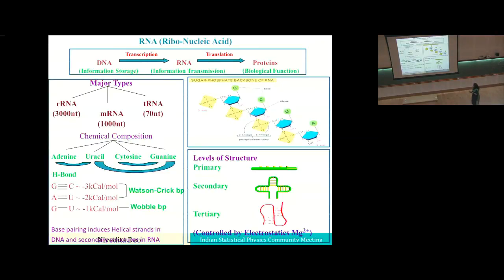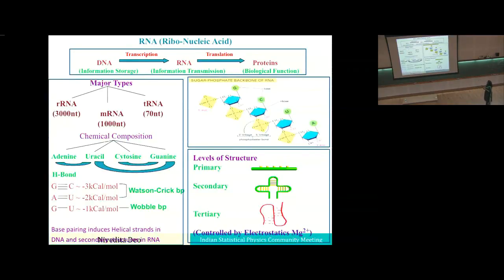So the hydrogen bonding is responsible for secondary structures in the RNA, and in the DNA, of course, they're responsible for the helical structures.